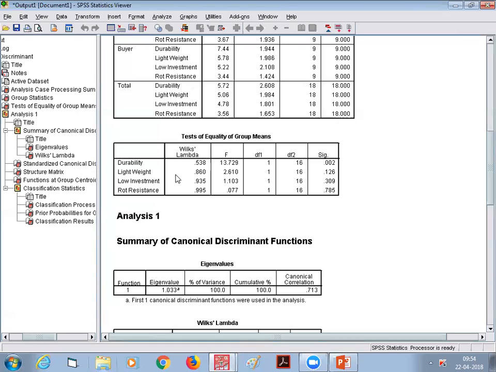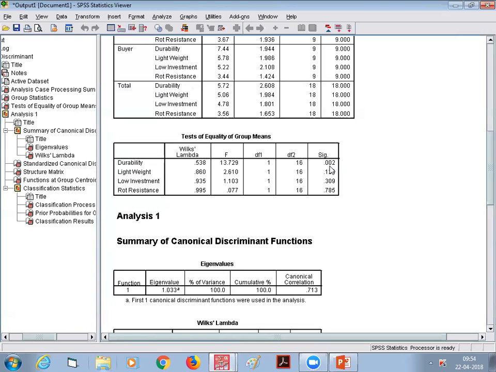That is also highlighted. So you can say that durability is significant here, you can check, and the other variables are not at all significant, because the p-value here is lesser than 0.05. So it is significant.